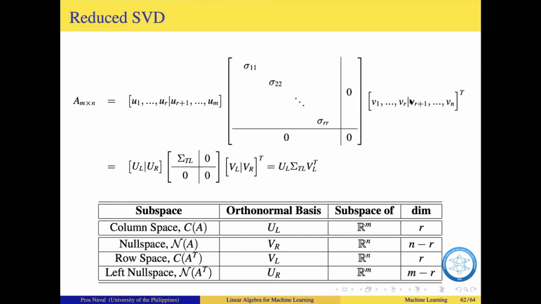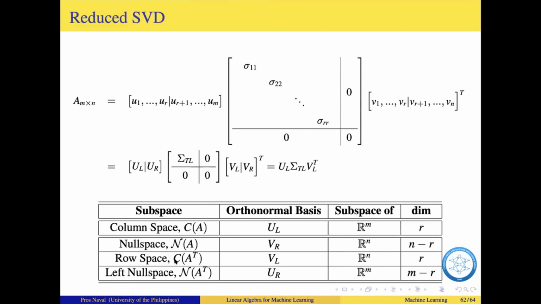These column vectors define the null space, and it is a subspace of R to the N with dimension N minus R, because there are N minus R column vectors here.